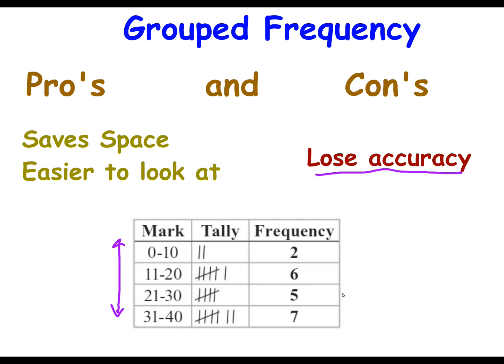So if you said to me, oh, what did the 5 people get between 21 and 30? I have no idea. So you lose a lot of the accuracy you have on the individual scores. So it's a bit of a trade-off. This looks better and is a lot easier to collect. This one means that the con is that you lose a lot of your accuracy for those individual scores.